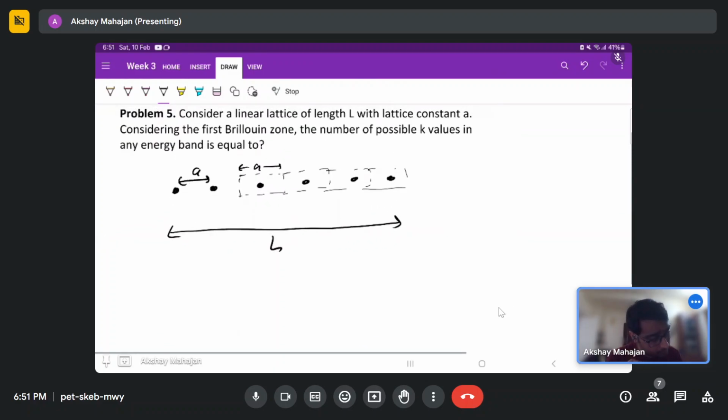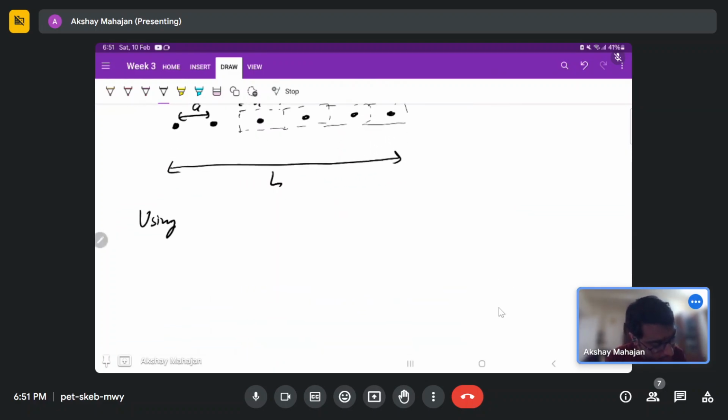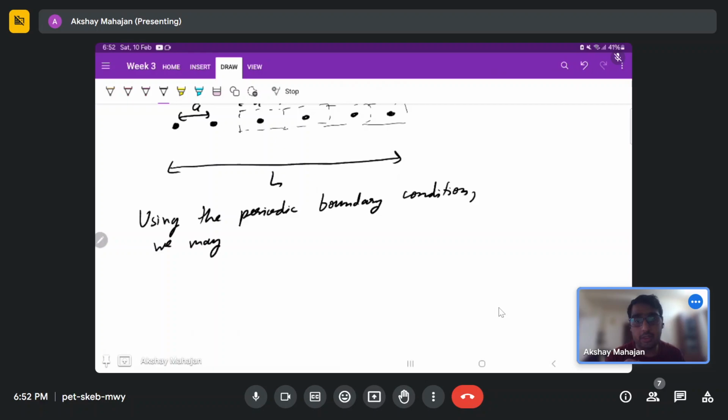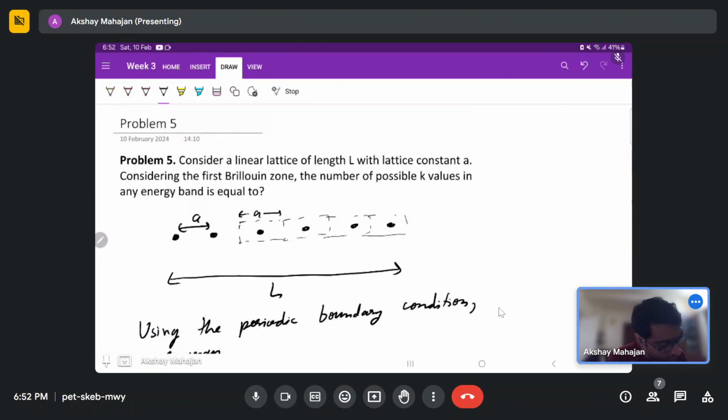Now here, using the periodic boundary condition. Since this is a lattice of length L, we can consider that there will be a periodic boundary condition at the ends.